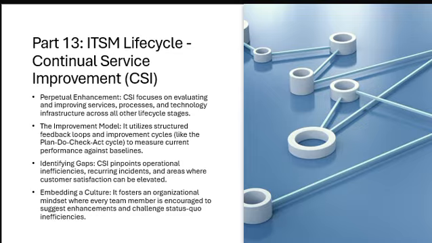Okay, the final phase is the continual service improvement, CSI. CSI is about perpetual enhancement that evaluates and improves the service, the operational process, and underlying infrastructure across all other lifecycle stages. It applies a structured improvement model.